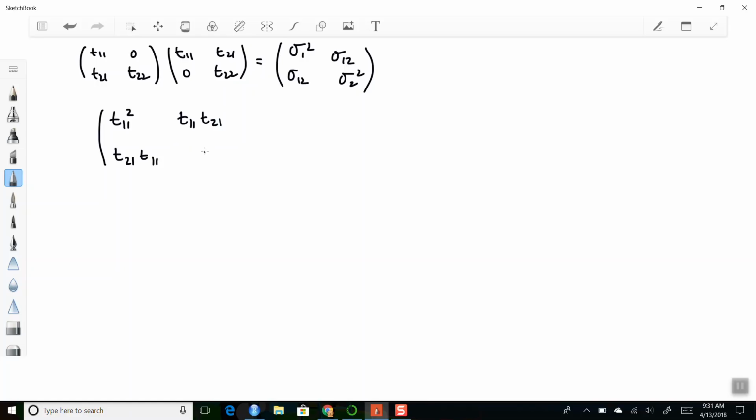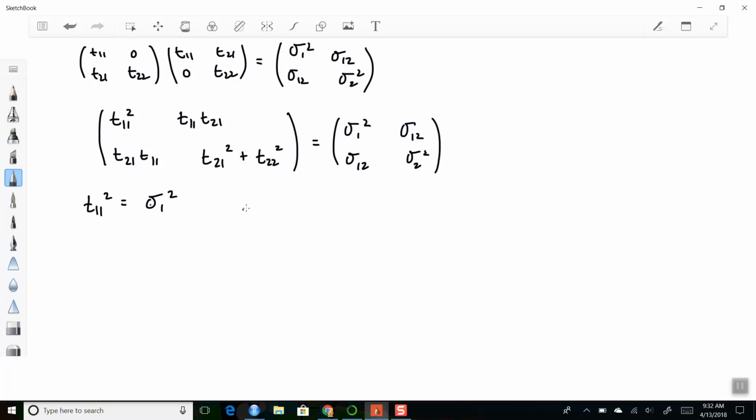And then lastly, I will have T21 squared plus T22 squared, yeah? And this is equal to sigma 1 squared, sigma 1,2, sigma 1,2, sigma 2 squared. Okay, I have basically 4 equations and 3 unknowns, but 2 equations are identical.